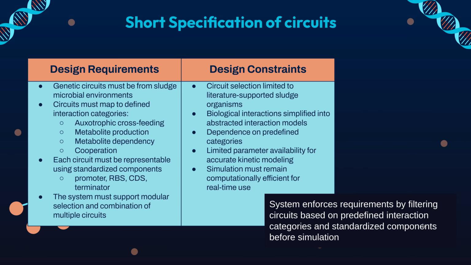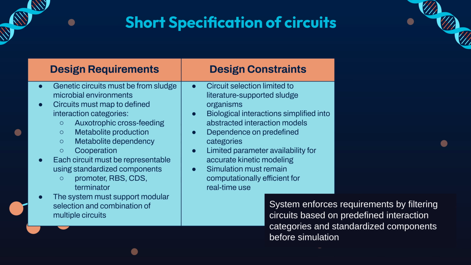For the specification, all of them need to be from sludge environments. They need to have defined interaction categories for cross-feeding, metabolite production, dependency, stuff that would help out with the self-regulation that we talked about earlier, and with electricity production.